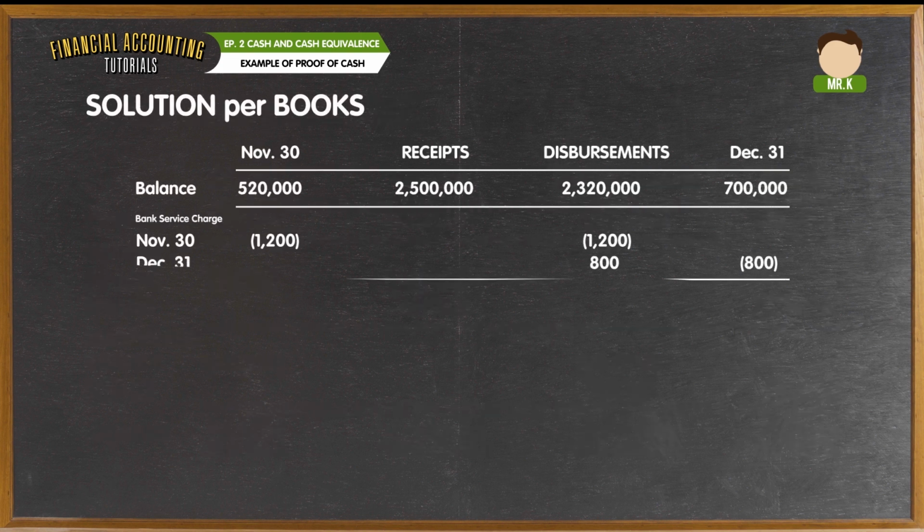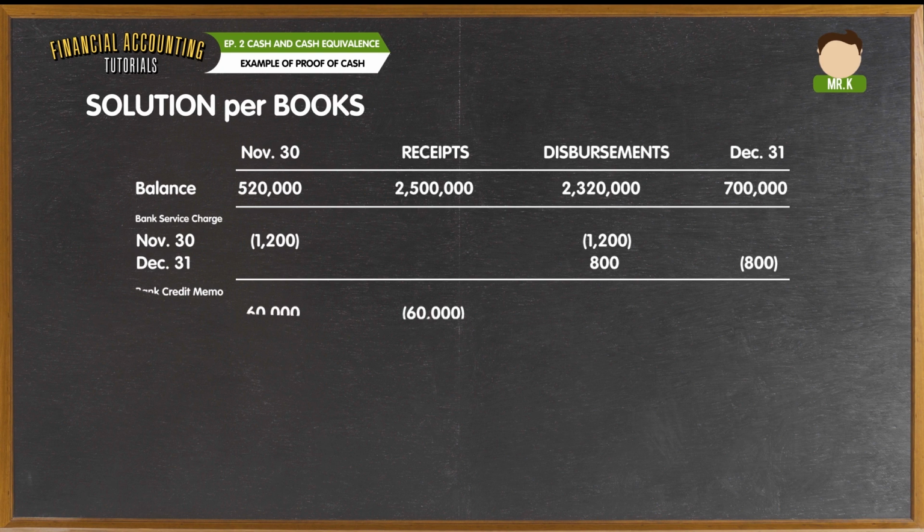Bank service charges are deductions to the book's account. So still the same logic as in outstanding checks, deduct it in November 30 column as well as disbursements column. However, for December 31, we need to add the amount in disbursements and deduct from the December 31 column.